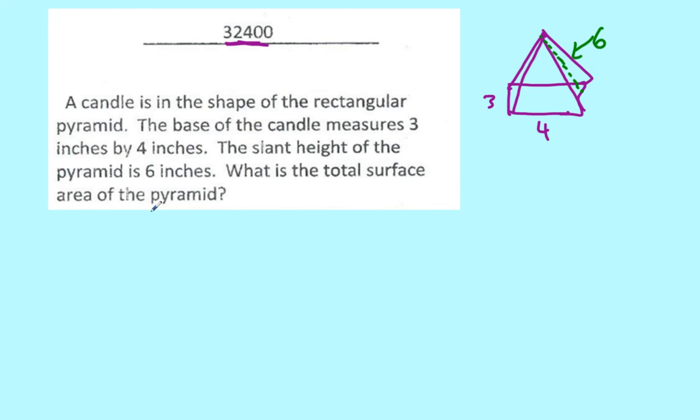Okay? Total surface area. So to find total surface area of a pyramid, we need to know area of the base, we need to know perimeter of the base, and we need to know the slant height. Okay? Here's our base. These numbers on here are really easy. Hopefully you didn't need too much help with this.